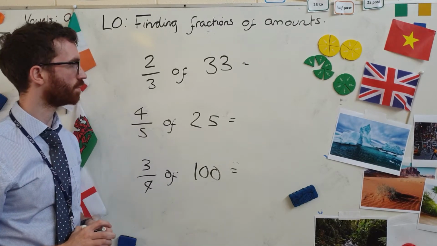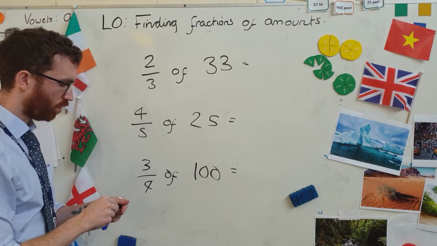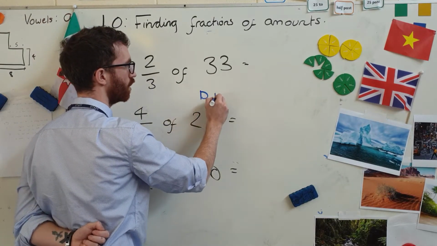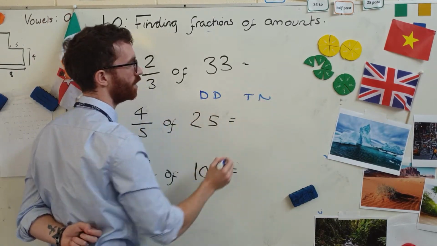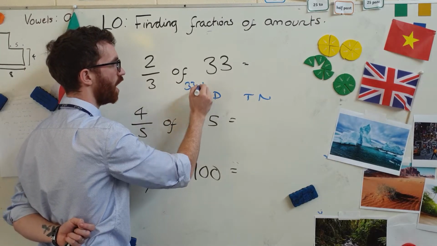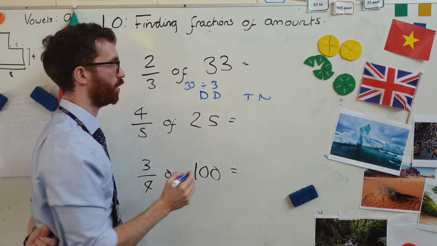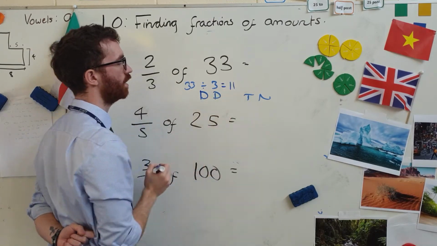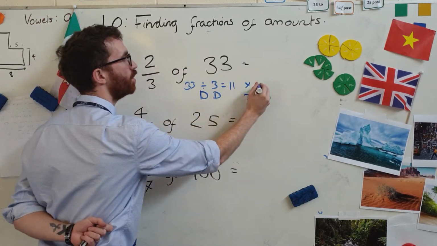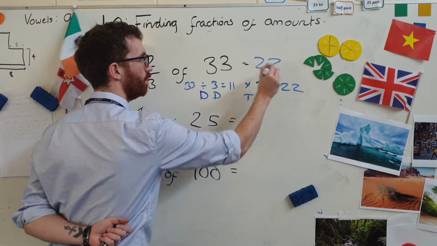Right, let's follow our method for each of these. And we always said DDTN to find out. So, 33 divided by the denominator, 3. What's 33 divided by 3? I hope you know it equals 11. Now we're going to times by the numerator, 2. 11 times 2 equals 22.